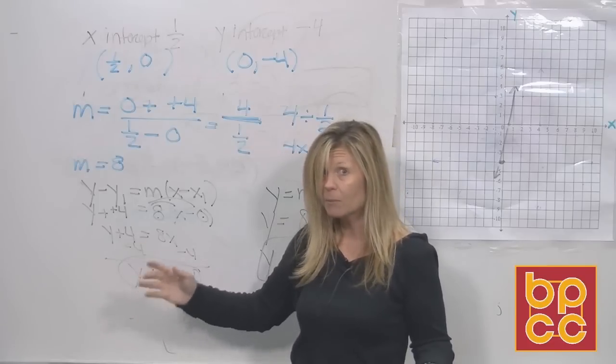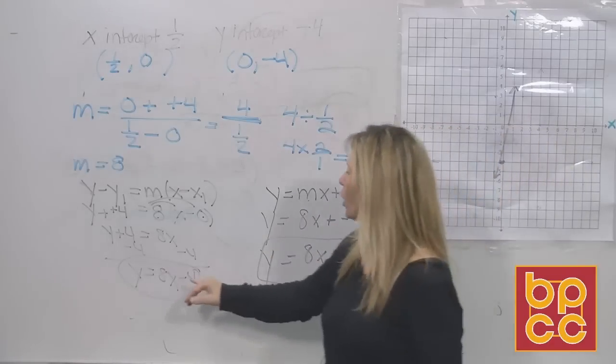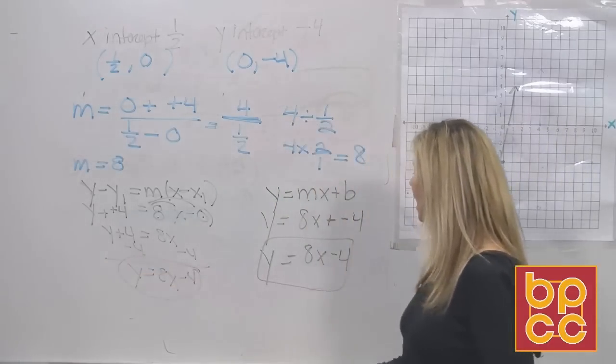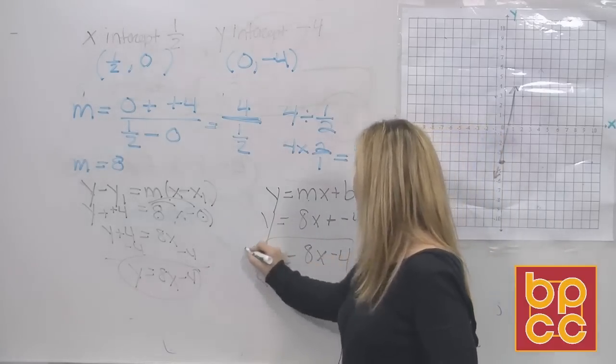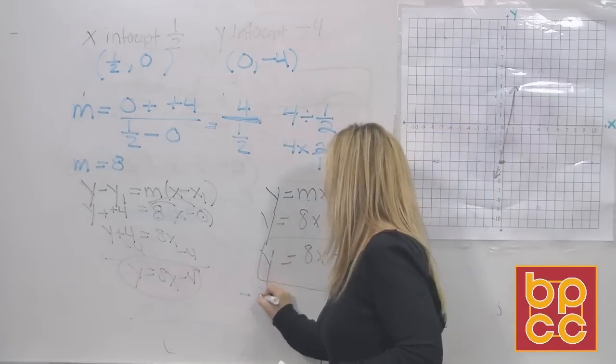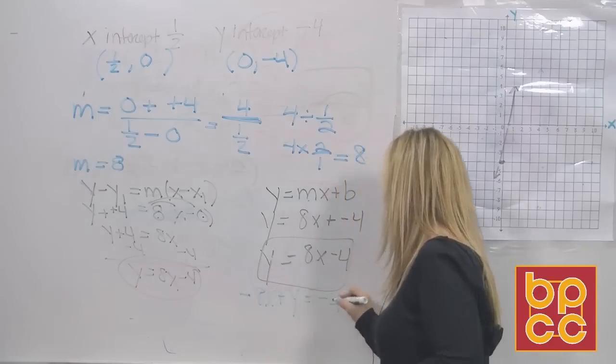Everybody's good so far? And then to put either one of these in standard form, we're going to do the same thing. We're going to move the x to one side, leave the constant on the other. If you move the x to the left, it would become negative. So we would have negative 8x plus y equals negative 4.